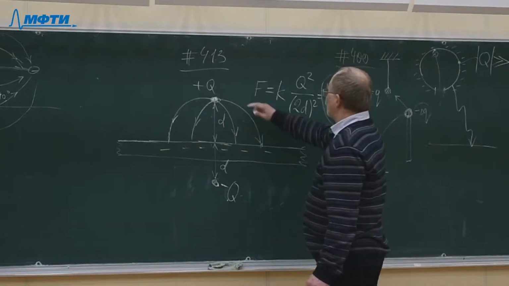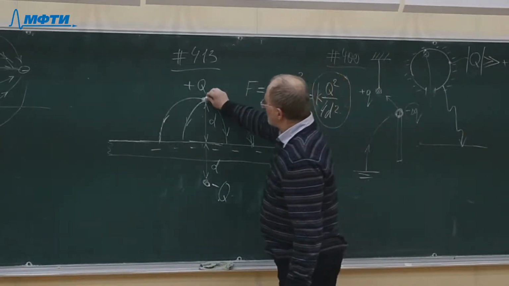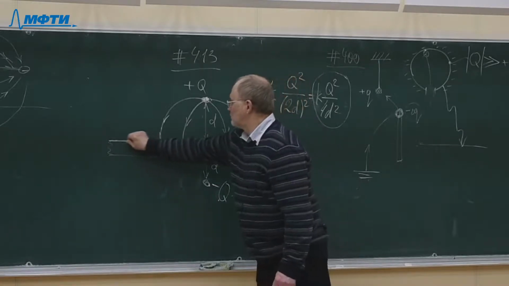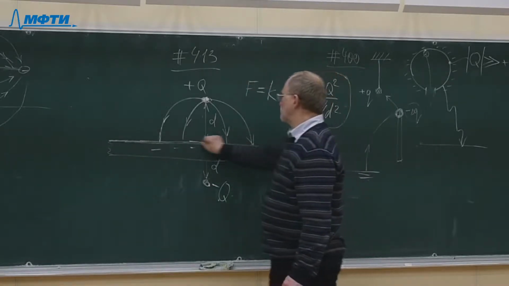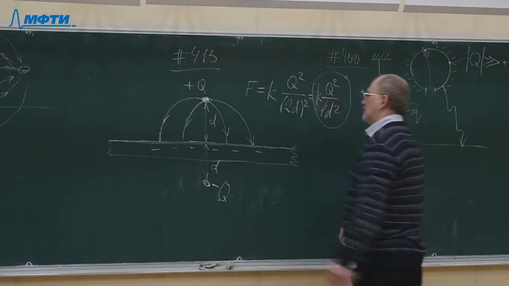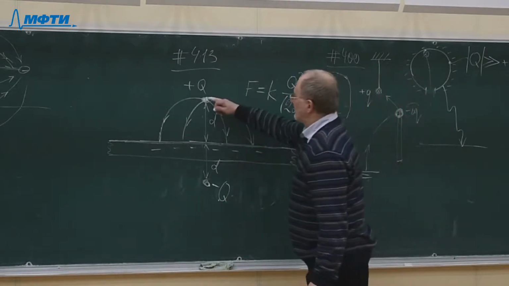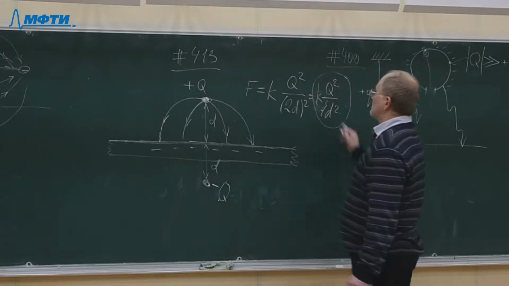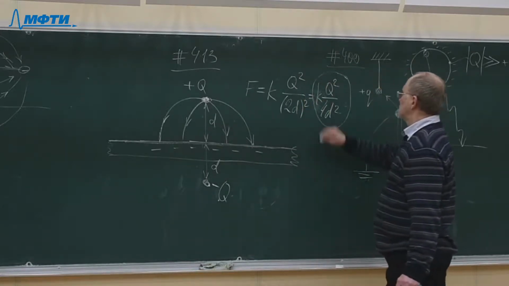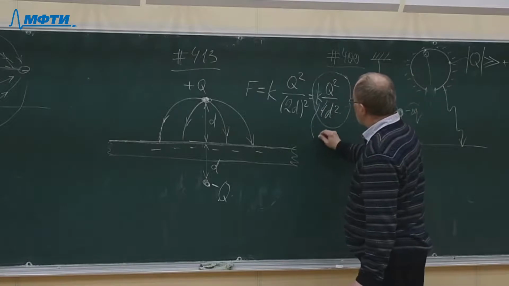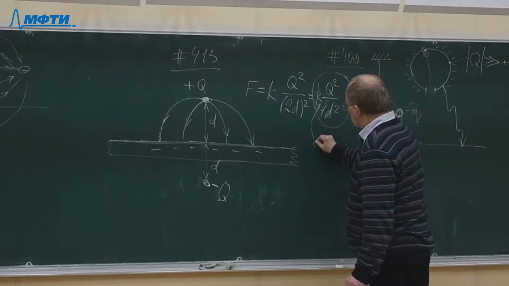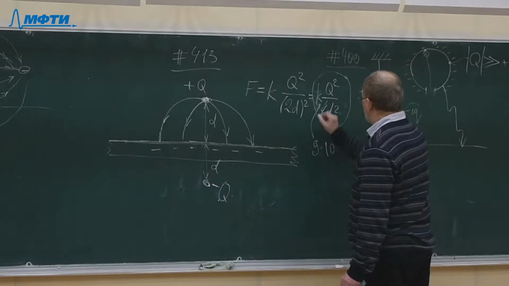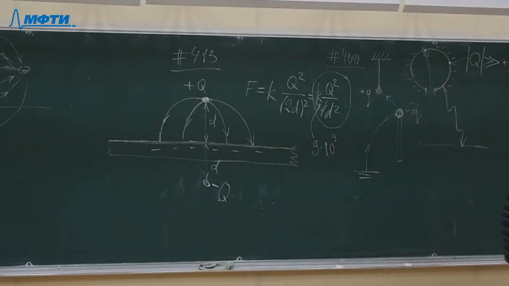The question was, what will be the force of interaction between the point charge and the conducting surface if this conducting surface is infinitely large, and if the distance between the point charge and the conducting surface is given and equal to d? That will be the force of interaction, and the coefficient here, you know well that in the international system it's 9 times 10 to the 9th power.